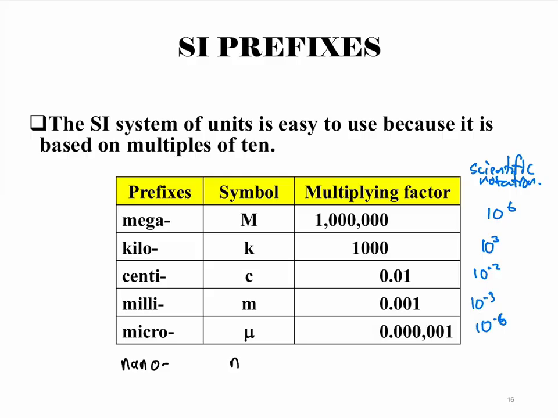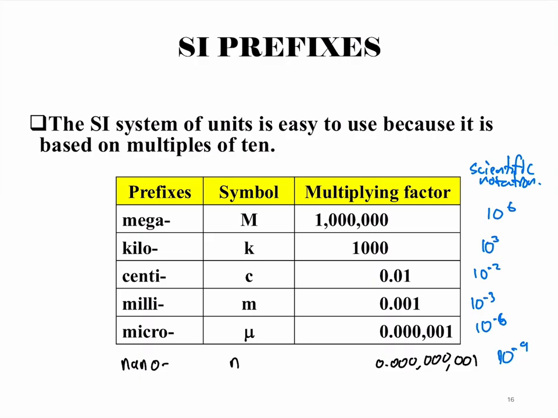That's going to be 0.000000001, and that's 10 to the minus 9. And a nanometer is about 10 times larger than an atom. So you start to get really, really small sizes there.